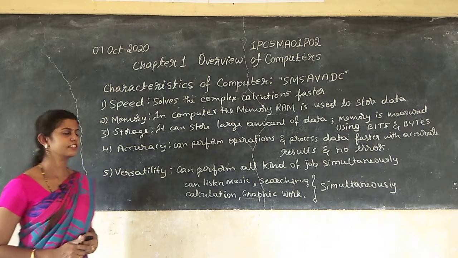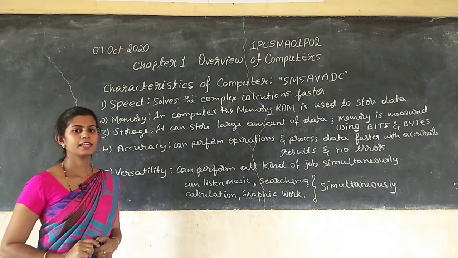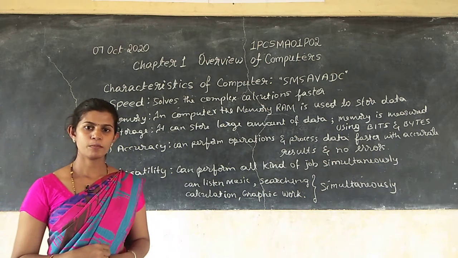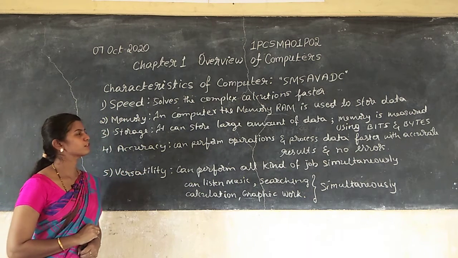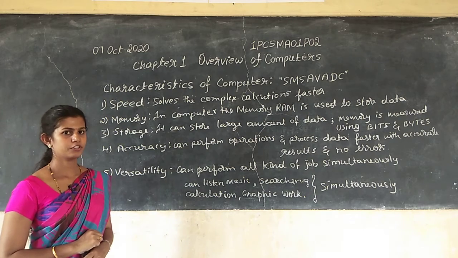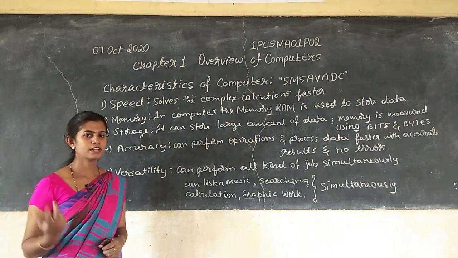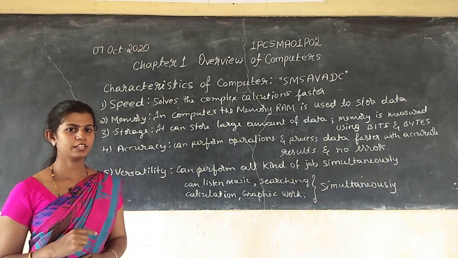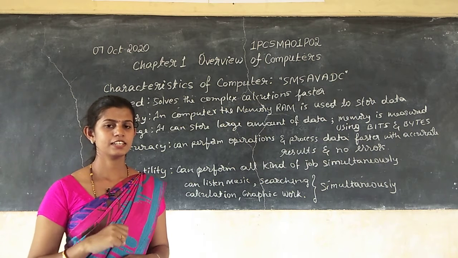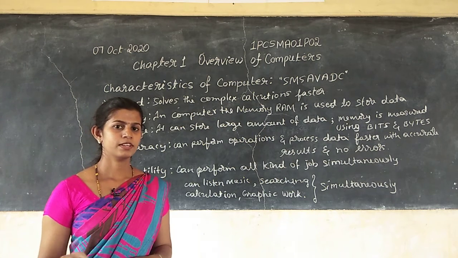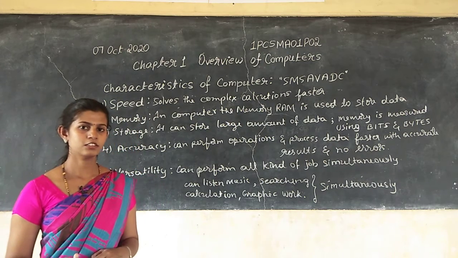The first characteristic is speed. In general, no human being can solve complex problems faster than the computer. So, speed is one of the main characteristics of a computer. Next one is memory. When a human acquires some new knowledge, the brain thinks whether that information is important or not, whether storing that information in its memory is worth it or not.